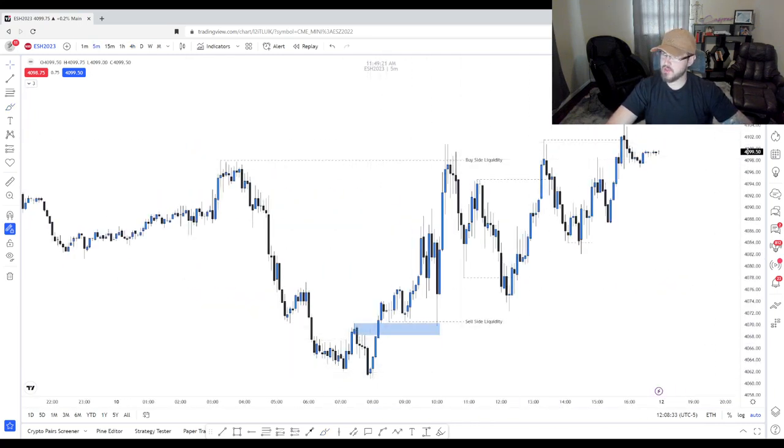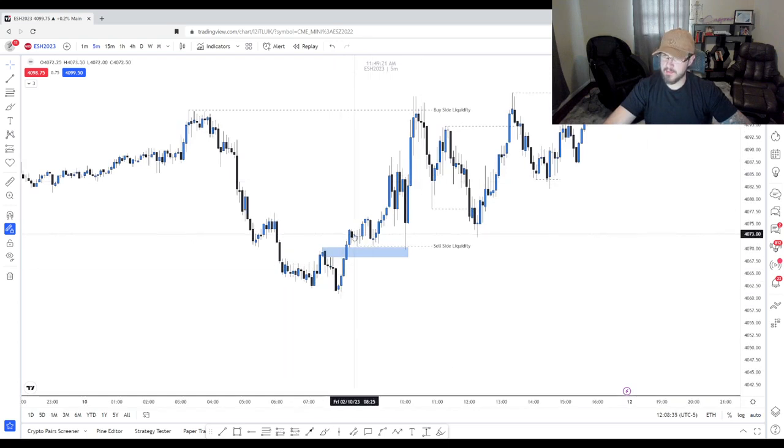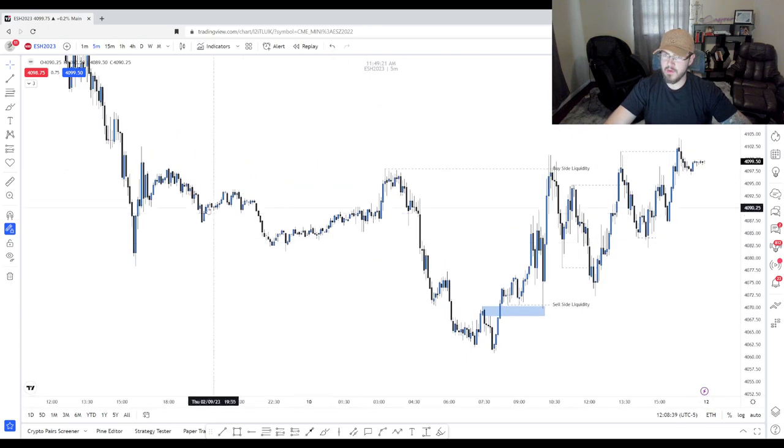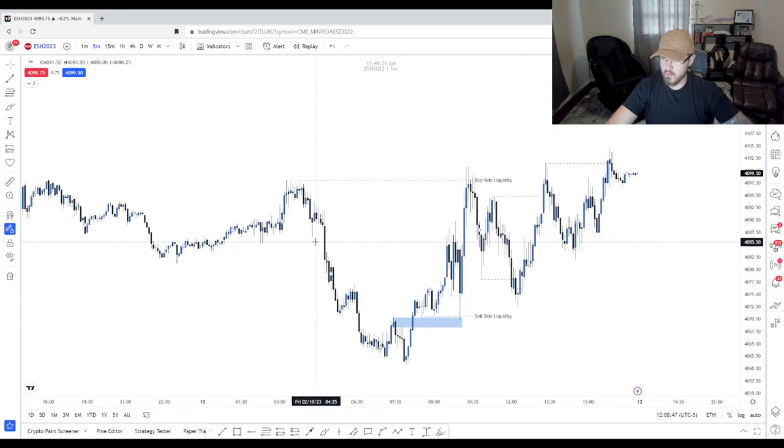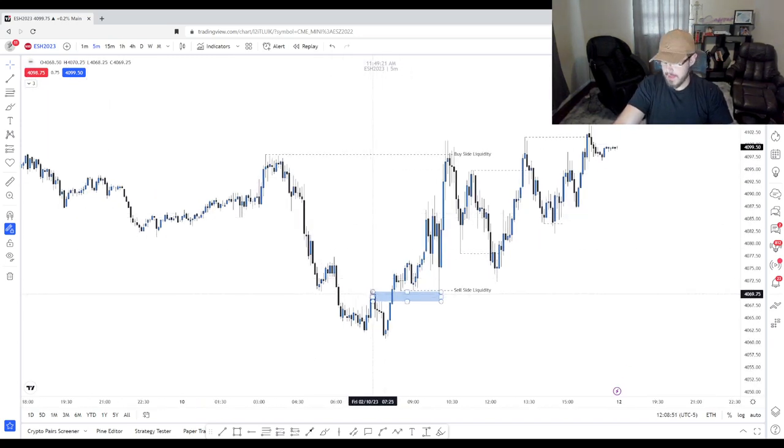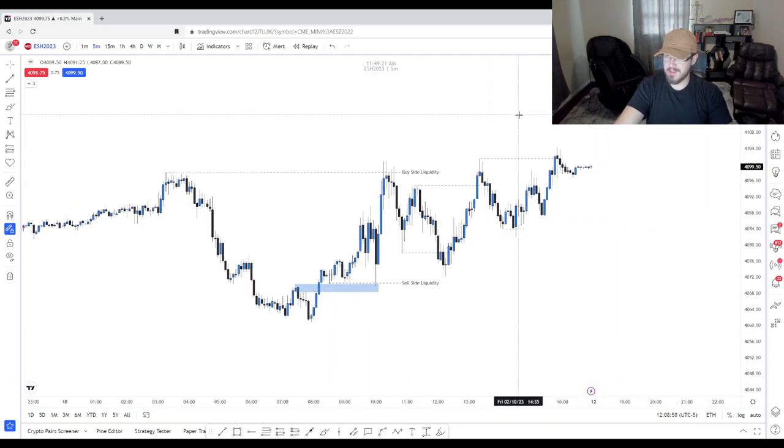When we get this displacement, that's where we ask ourselves, were the institutions involved? We took liquidity once here, took it again, and now we're sharply pushing back up into the range. Whenever we have something of that nature, this is likely to give us a bias switch.